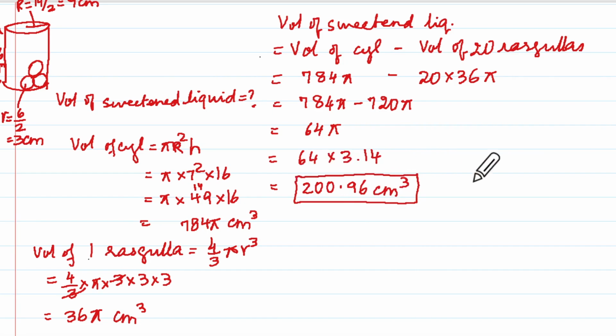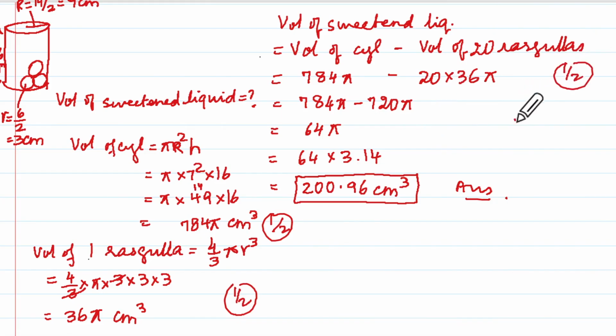Is it a 3-mark question? Yes, it's a 3-mark question. Okay, so you will have this. Half mark here, half mark here, and then to substitute the values, half mark, so that is 1.5 marks, and this calculation ultimately, this is how it will be. This is 2.5 marks.